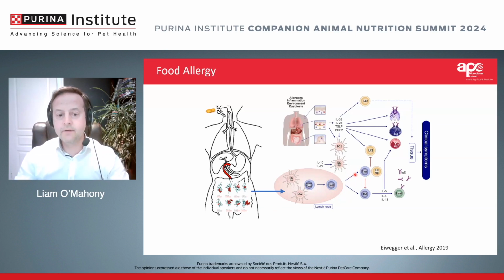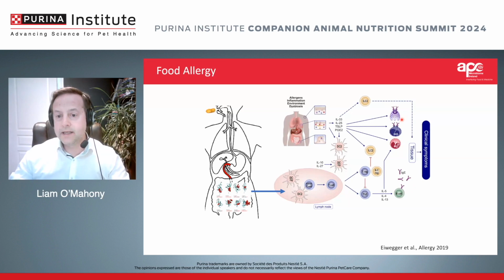So these food antigens should be well tolerated by the immune system. But for some reason, there's a polarization towards a Th2 response, characterized by cytokines such as IL-4, IL-5, and IL-13, that results in B cell secretion of IgE. And then this IgE travels and is bound by tissue cells such as mast cells. And the next time that you eat this food, you will get an allergic response.